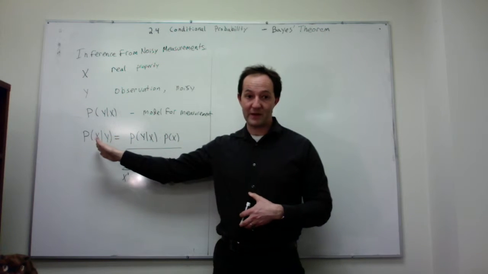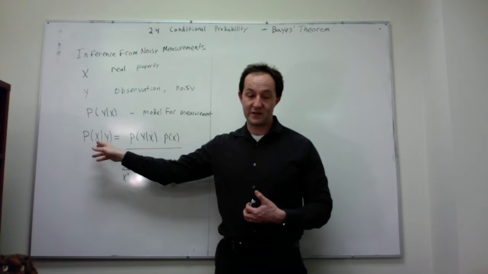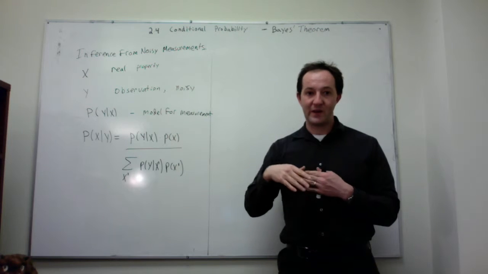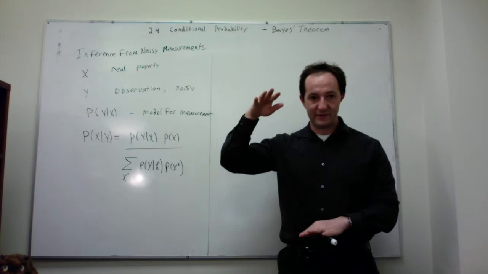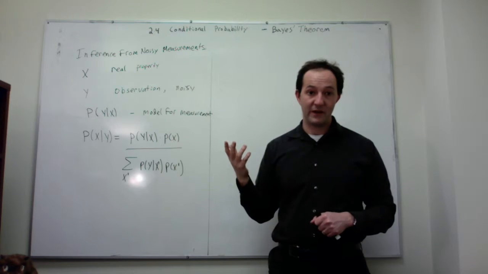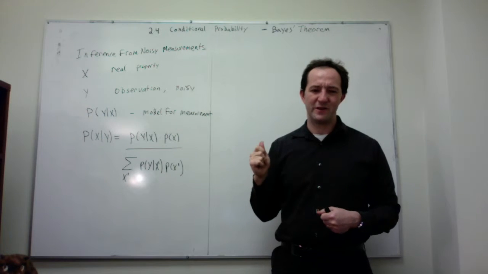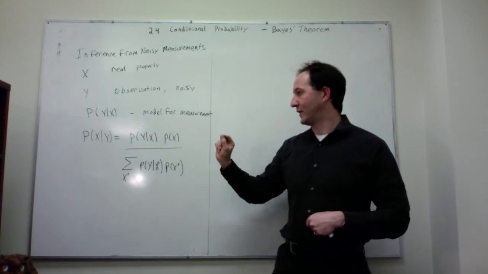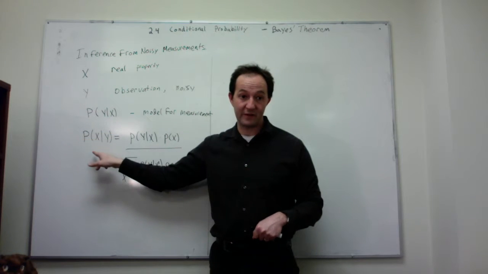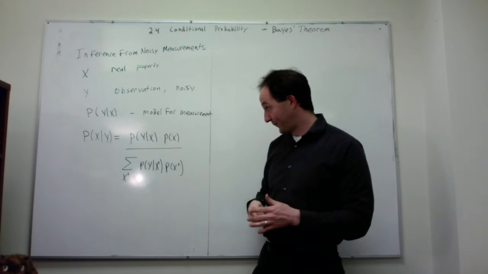And that's captured by this probability distribution, the probability of the true thing conditioned on my observation. So this is like saying, if I take a depth measurement of a tank, and I measure it as 20 meters, but maybe the true height of the tank could be something different. But if I have this distribution, this is describing that uncertainty.